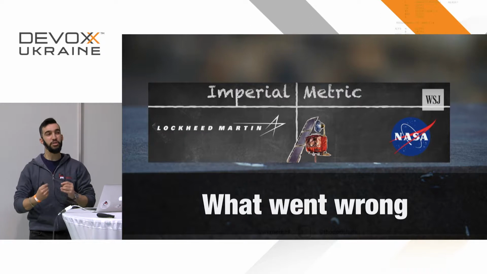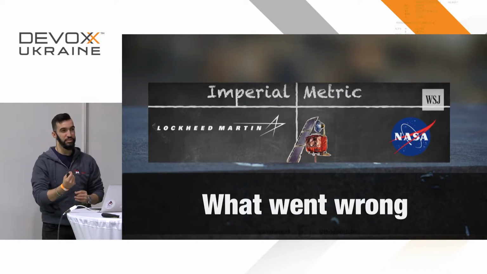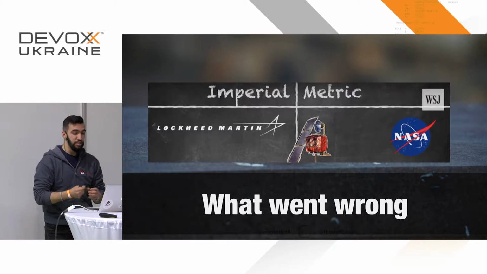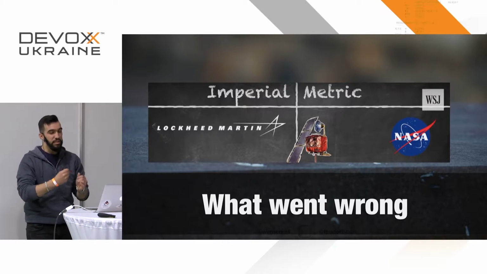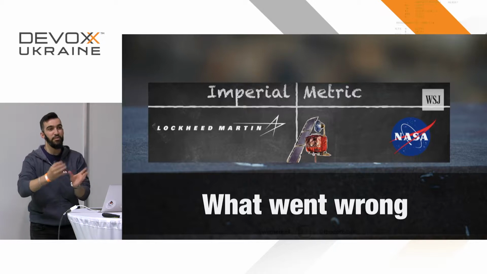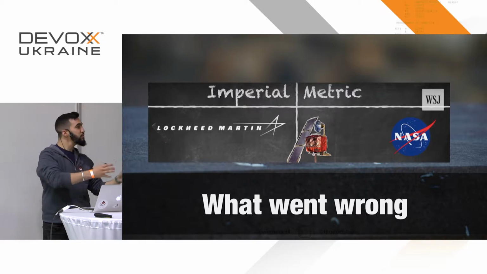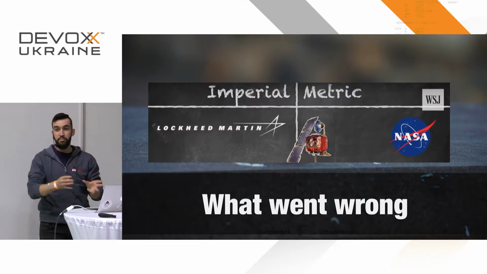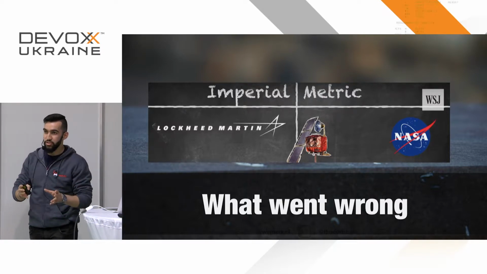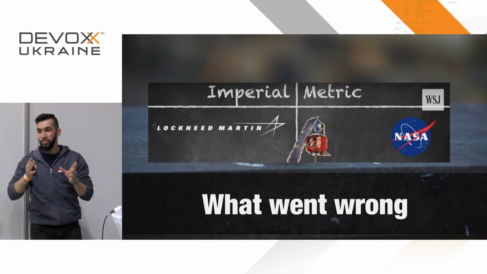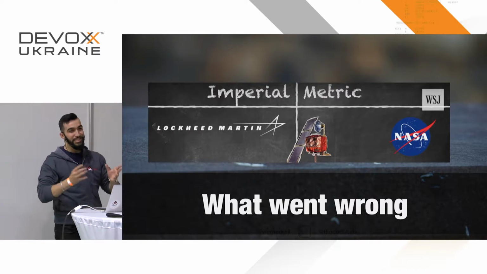So he actually used the imperial units, or the US customary units, to put it better, in order to calculate the total impulse created by the thruster firing of the spacecraft. However, in the software specification provided by NASA, it was clearly mentioned that they should use only the metric system, right?